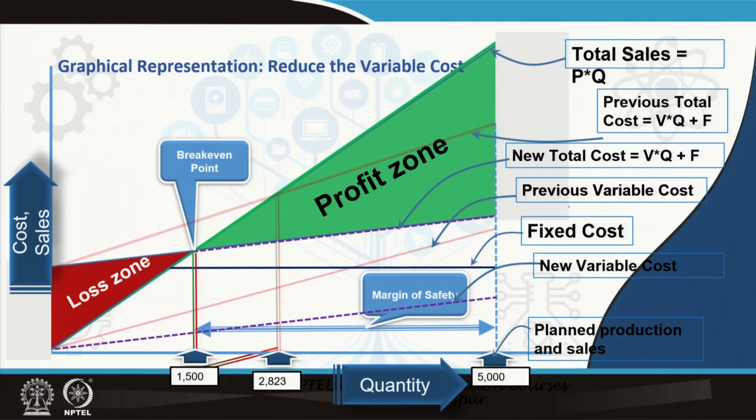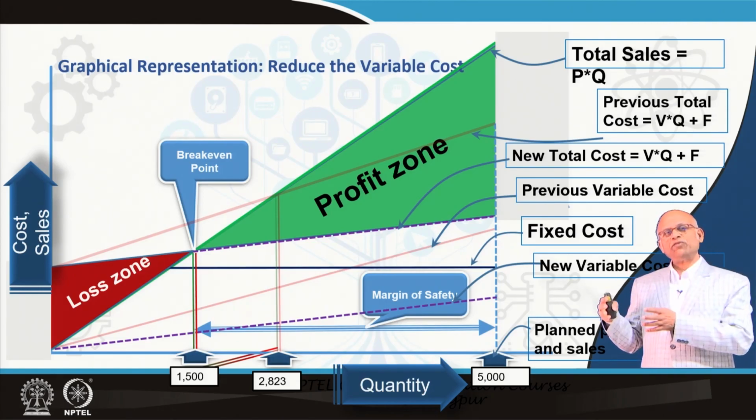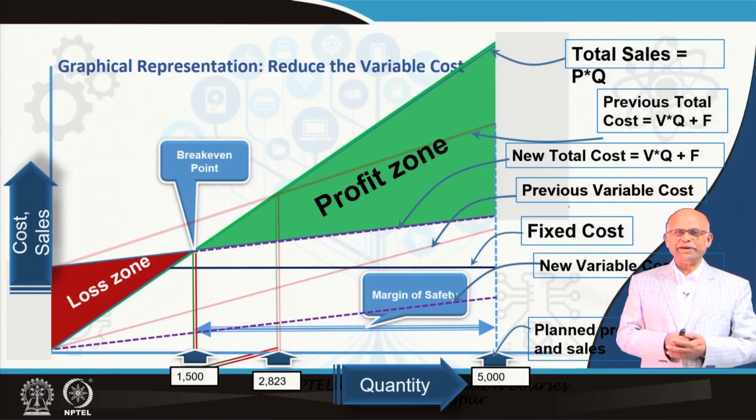Break even point is applied specifically, and there is no alternative but to apply it, in those cases where we compare between two scenarios. Say you have the option of putting up an automatic plant, or another plant which is labor intensive, which is not automatic.